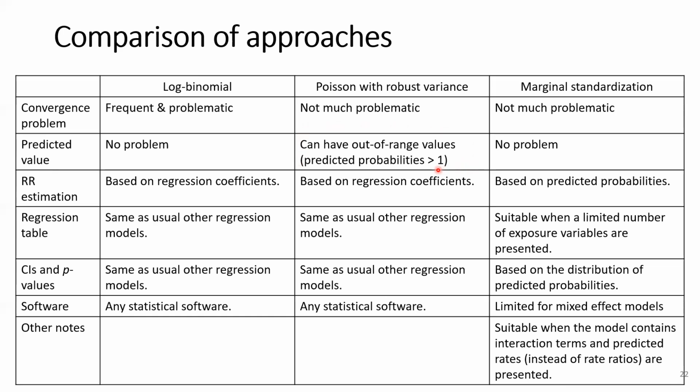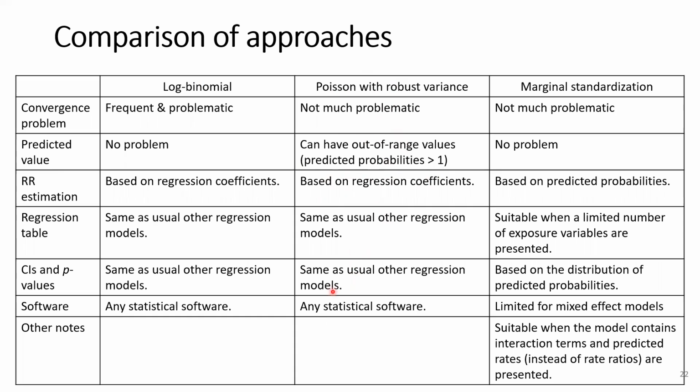However, if our aim is to get a mean estimate, maybe it's not an issue, because we are not trying to calculate predicted probability in this sense. And we can run this model without the usual problem of convergence. Relative risk estimation is based on the regression coefficient, and we can present a regression table as with any other regression model.